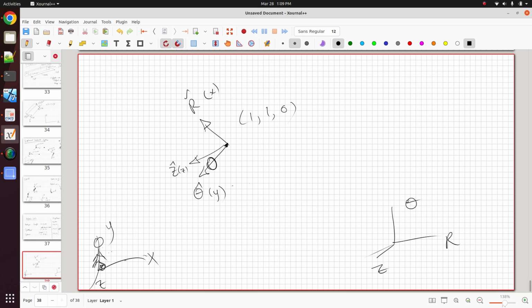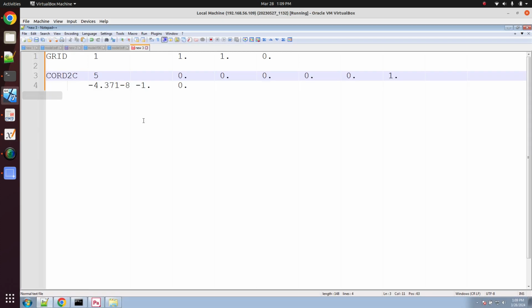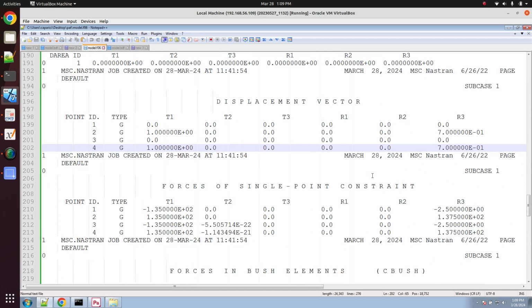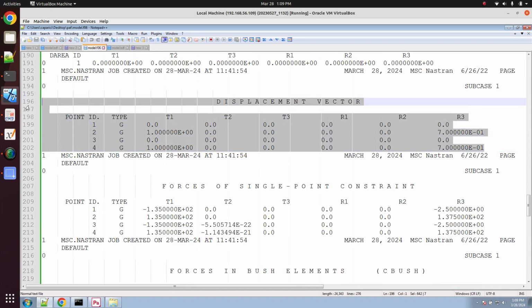I'll draw his head, his legs, and his arms. So what do I do to this grid entry to get this new observer? I type in 5 here. And then I save, I run the analysis, and when I look at the results, these results would be in that displacement coordinate system.